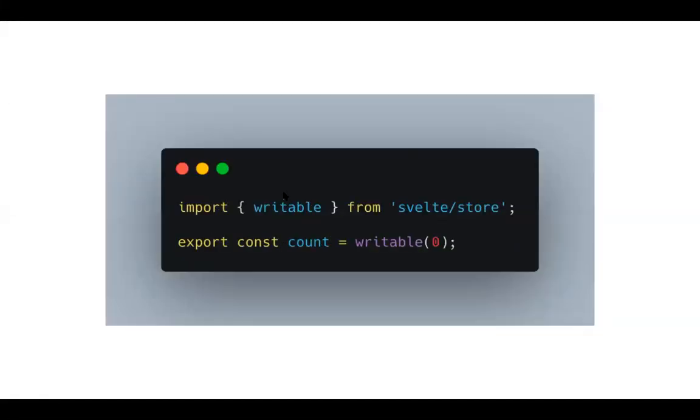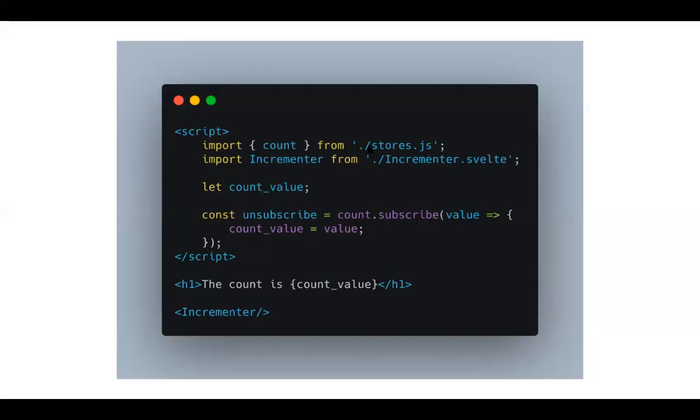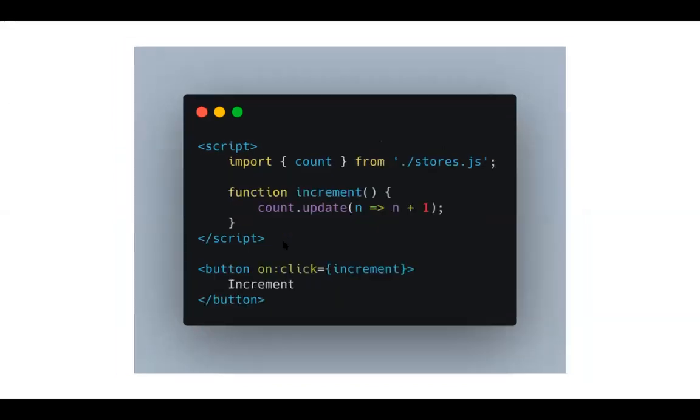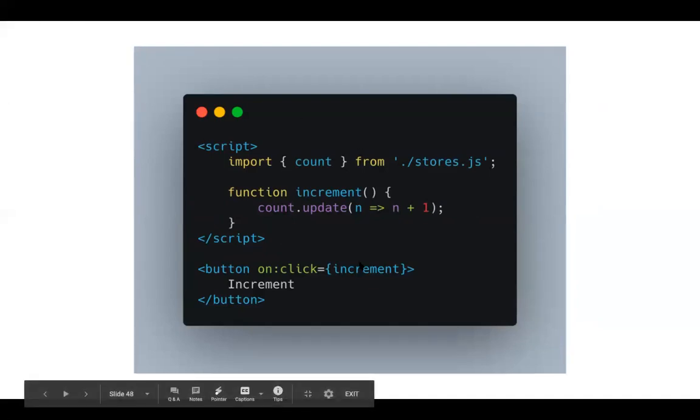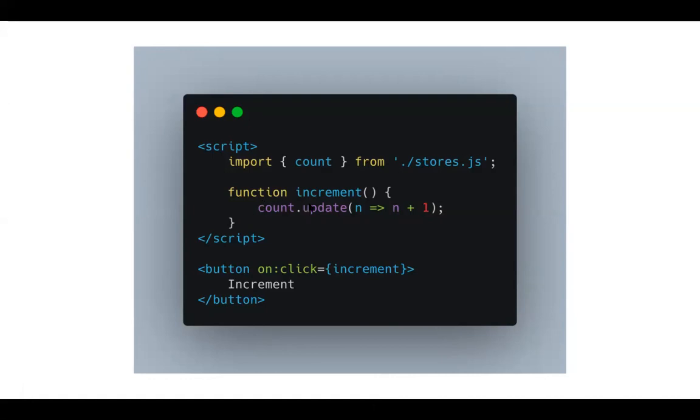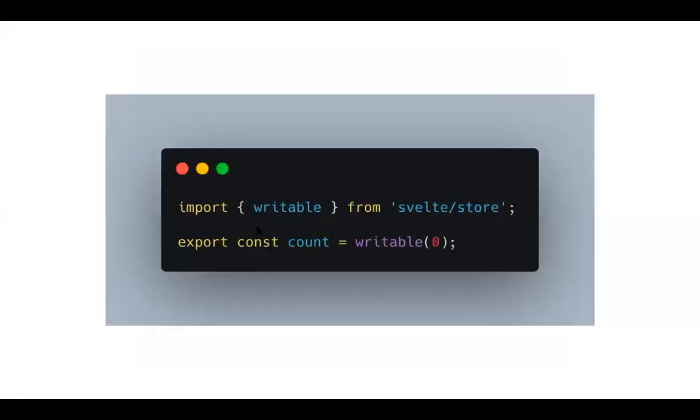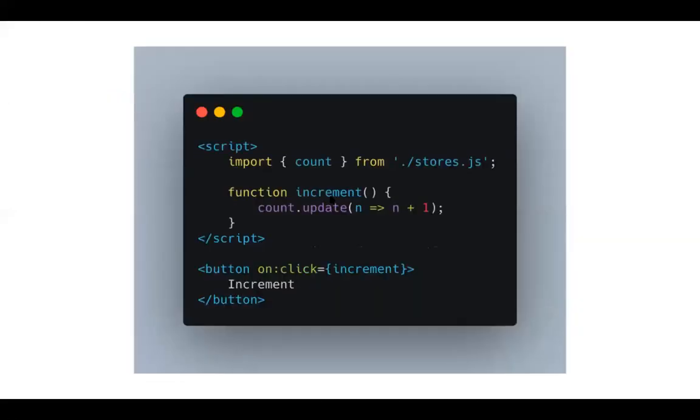Here this is the store.js file, and in this case we are importing the store.js file as count. This is where we use this store. We import it, and we try to increment this count using this update API, and this will get called when we click on this button. This is a simple example again.